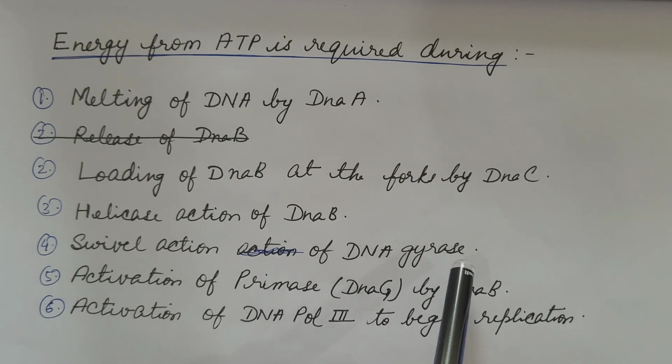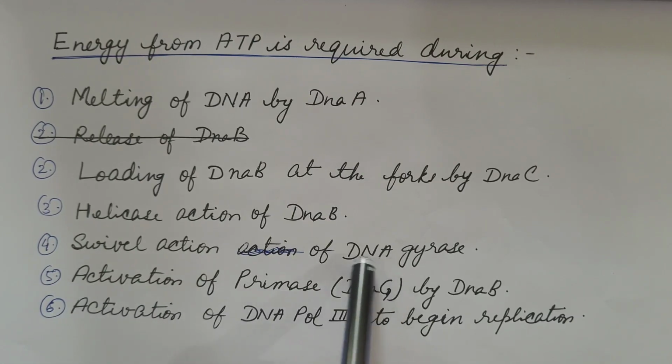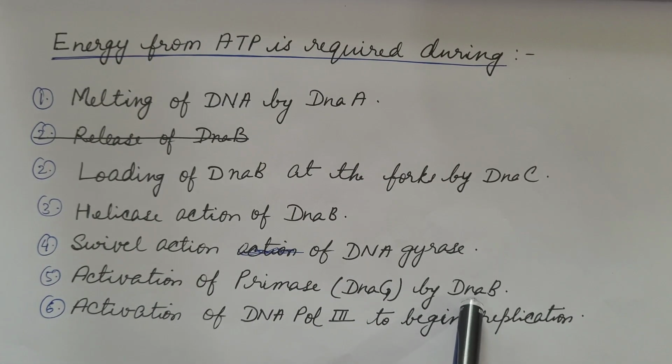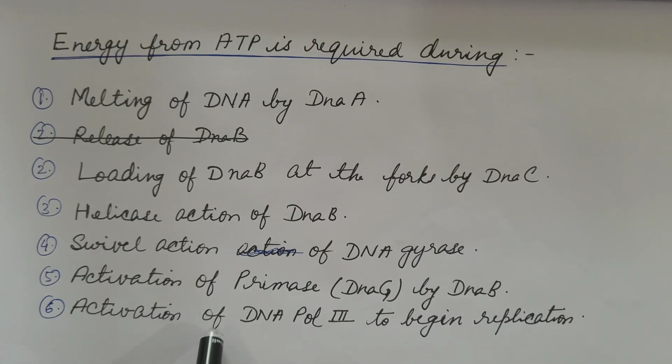For this process, it requires ATP. Then the activation of primase, DnaG, by DnaB, which is helicase. Then activation of DNA polymerase III to begin replication. So ATP is also required for the activation of DNA polymerase III, which begins the replication or which results in the synthesis of the new strand of DNA.